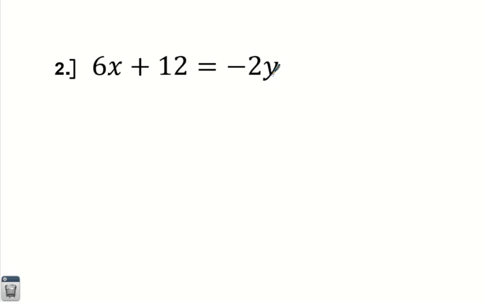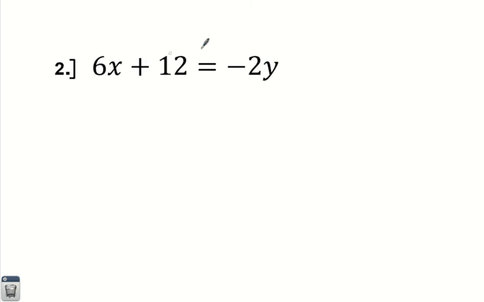So I guess what we could do, just bear with me here, is add 2y to both sides to move this term over here, and then we'd have a 0 over here.